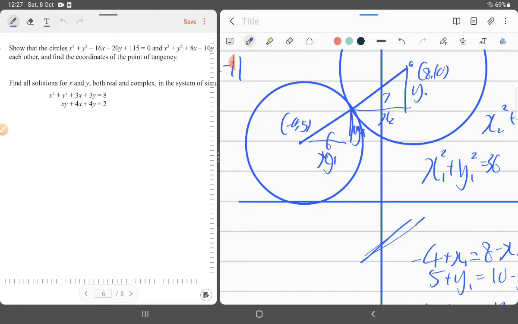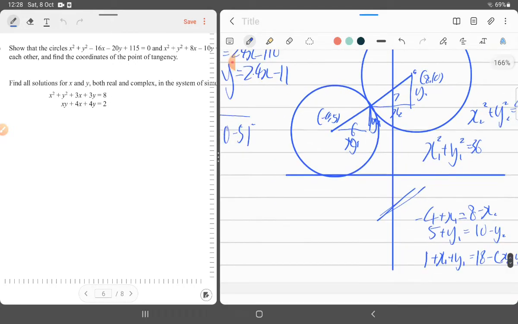Oops. That's x1, that's y. x1 plus x2 is equal to 4, then y2 plus y2 is equal to 15.